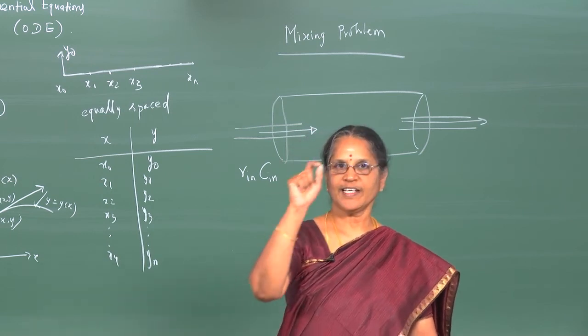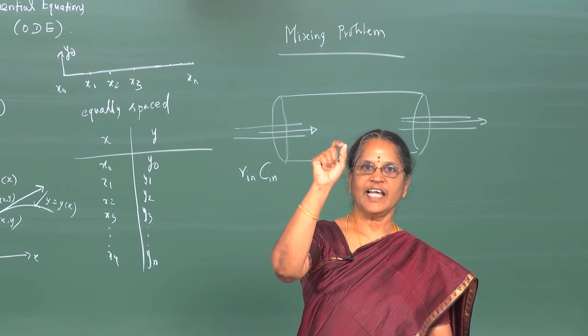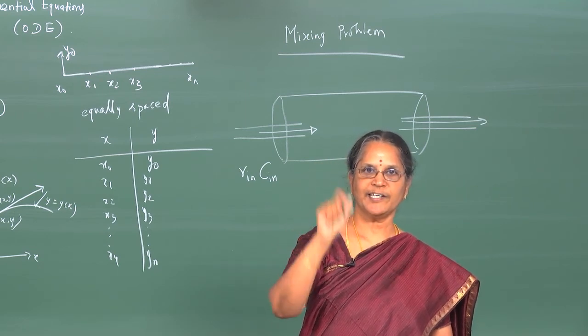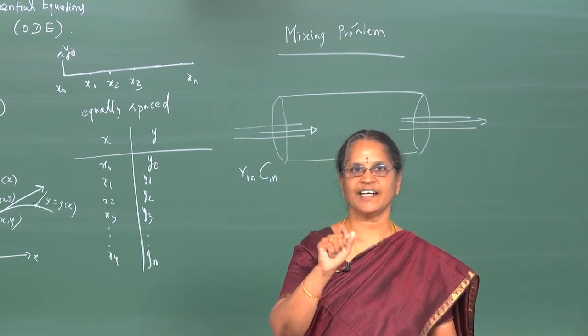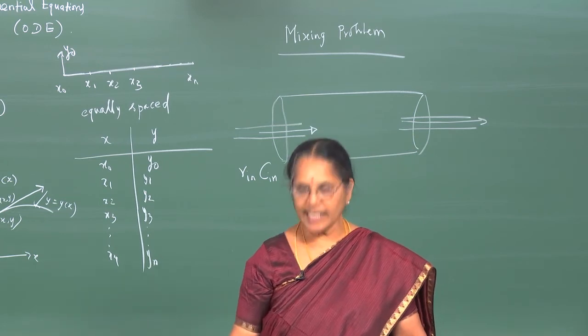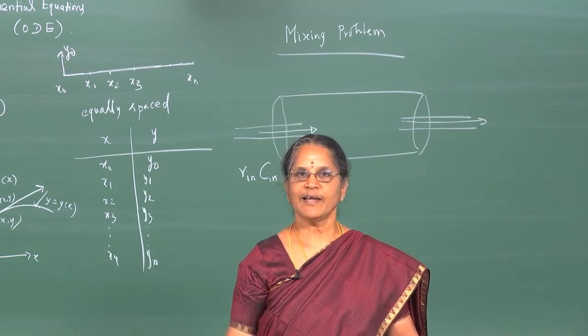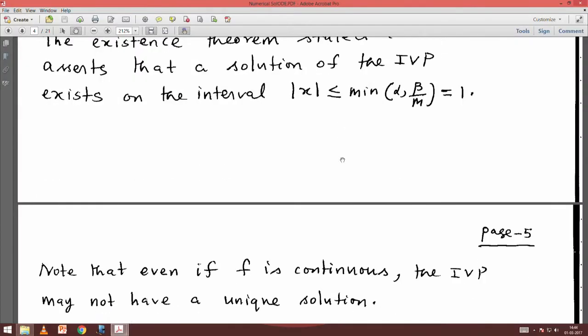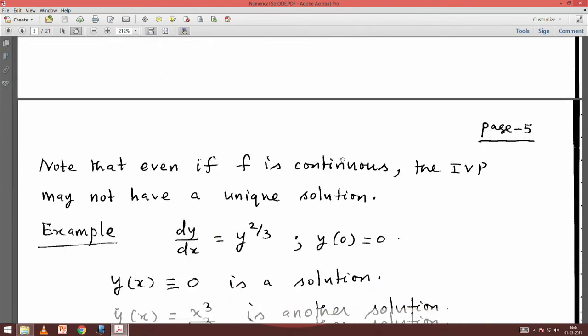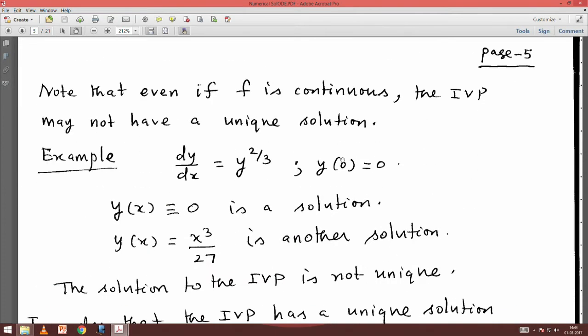So, what is the condition? The function f of x comma y must be continuous in that rectangle R which is centered at the point x naught comma y naught. So, we note that even if the function f is continuous, the solution to an initial value problem need not be unique, isn't it?